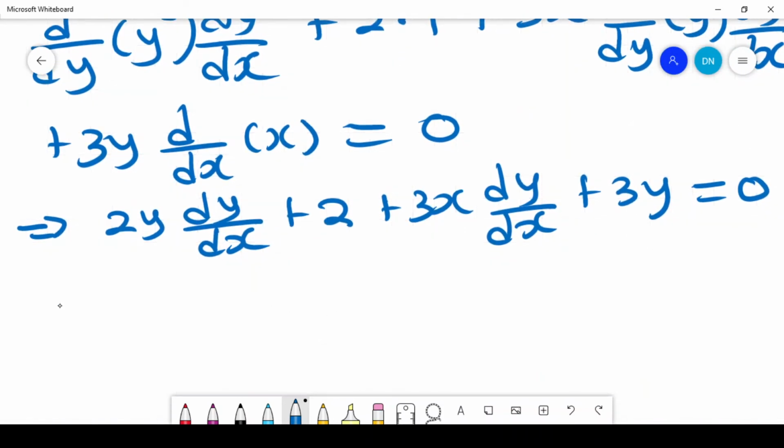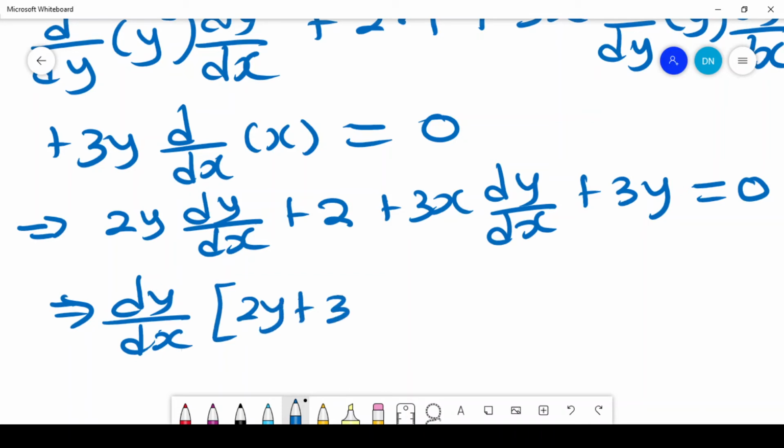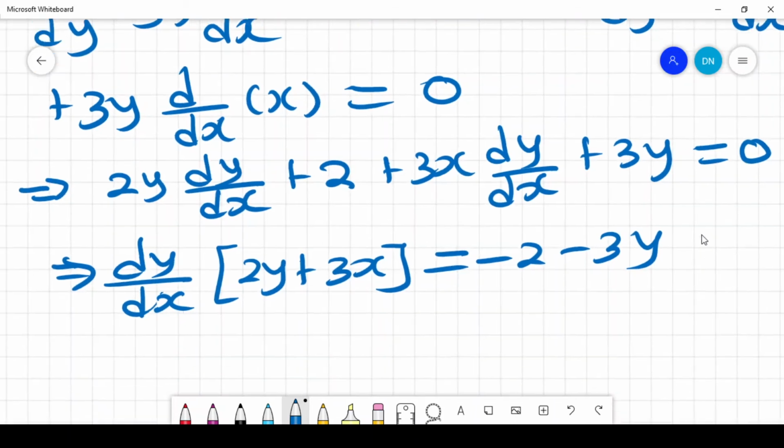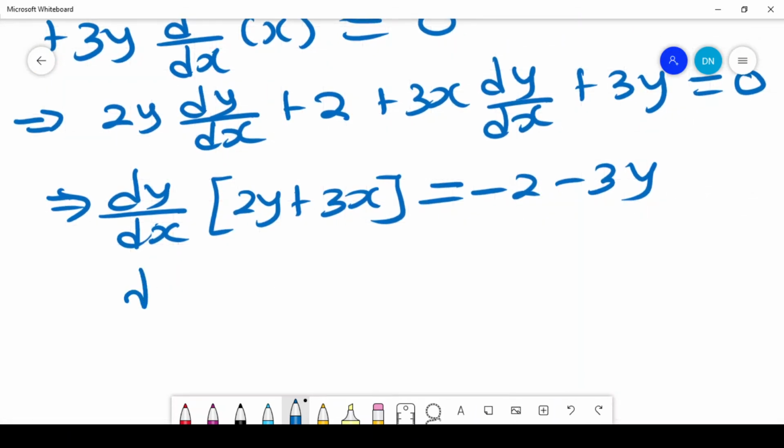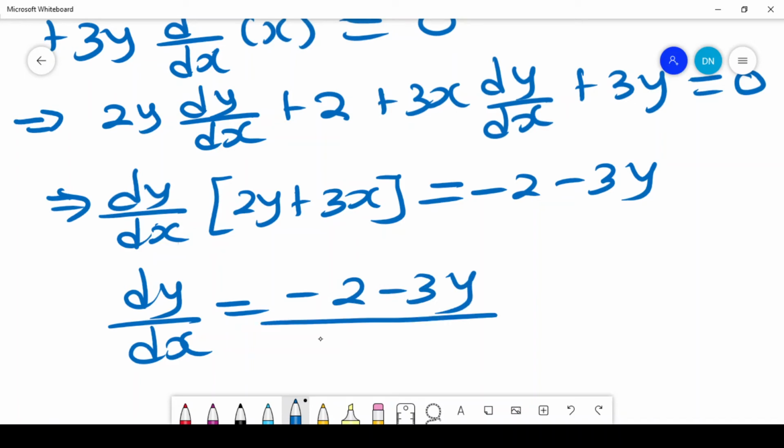When I put like terms together, dy/dx times (2y plus 3x). Then I take everything else to the other side, which is minus 2 minus 3y. So my equation simplifies, and I get dy/dx equals (minus 2 minus 3y) all over (2y plus 3x).